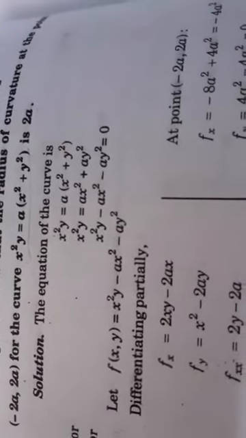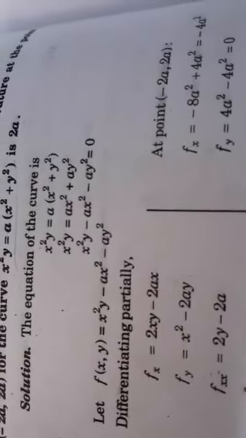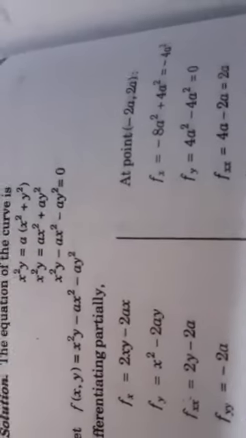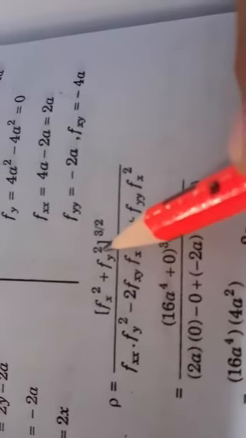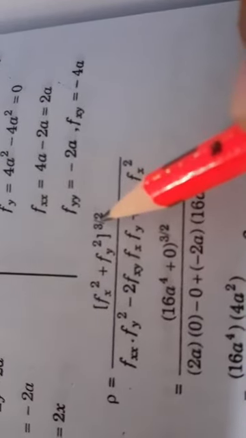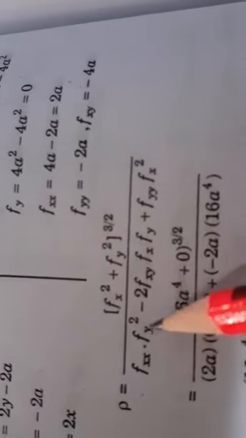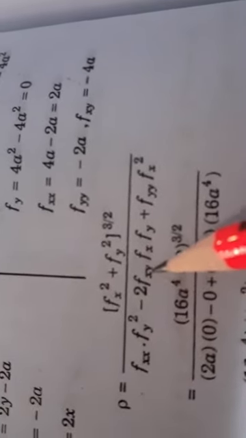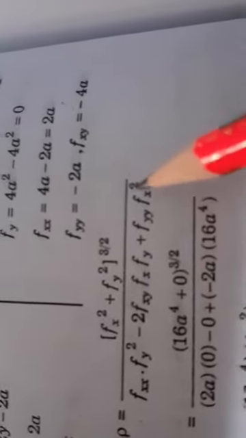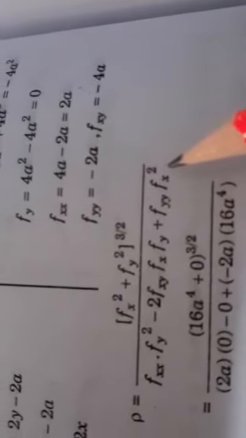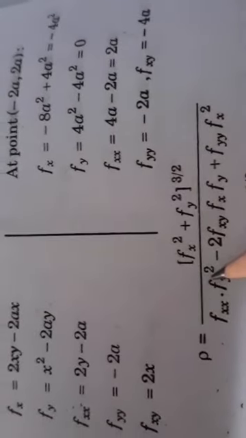In this implicit form, we are to find the radius of curvature, and the formula for implicit form is (fx² + fy²) whole raised to the power 3/2 upon fxx·fy² − 2·fxy·fx·fy + fyy·fx². In implicit form, we use this formula to find the radius of curvature.